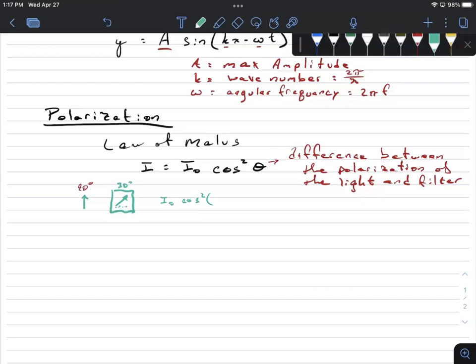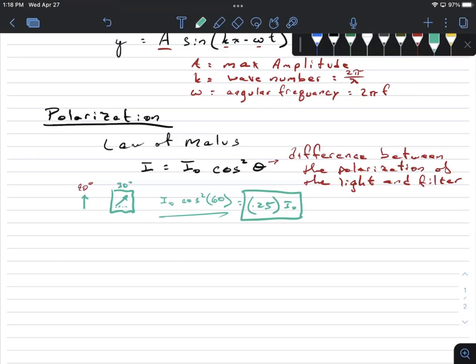And so we say 90 minus 30, that gives us an angle of 60 degrees. And so we would say, this is 0.25 times I naught. That's how much of the original light makes it through. 25%, a quarter of the light will make it through. And so it's very important to know that this angle theta is the difference between the light coming in and the filter it's trying to go through.